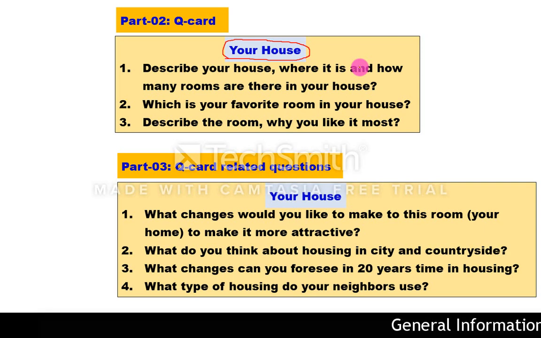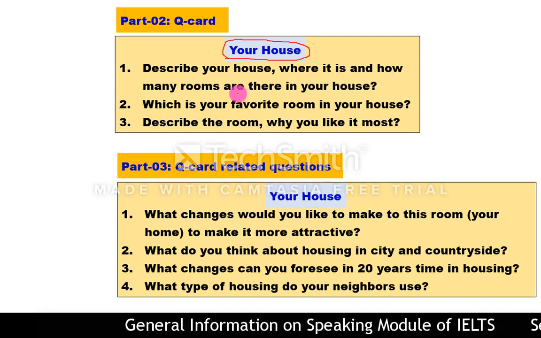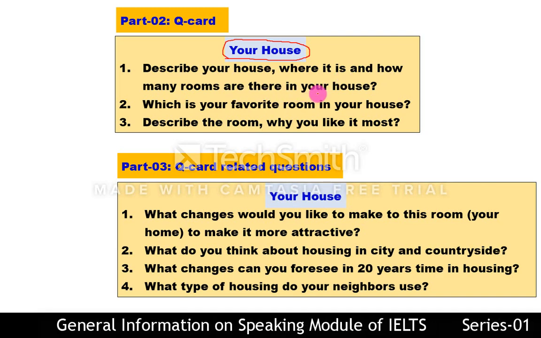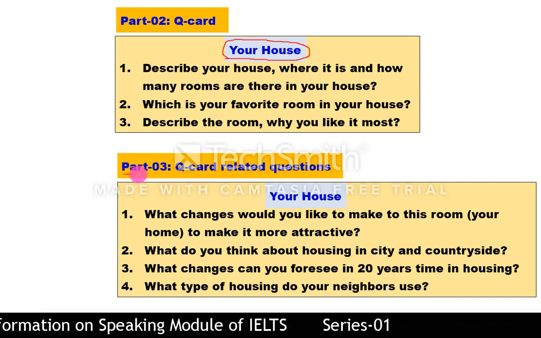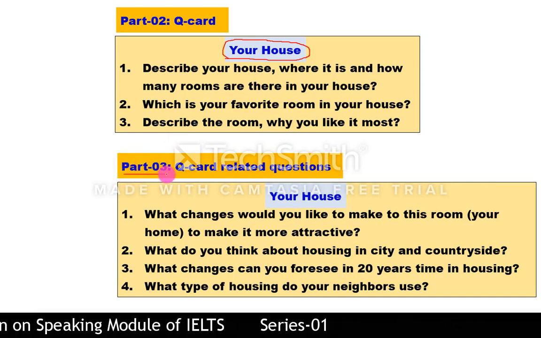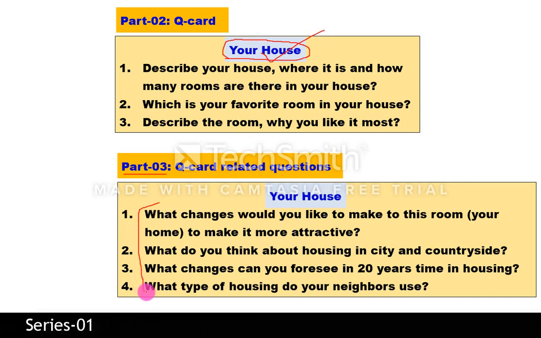A pencil and a piece of paper will be given to take notes. Here take a look at the questions: describe your house, where it is, and how many rooms are there in your house. These are the questions. And in speaking Part 3, you will have between 3 and 4 minutes. Here you will be asked questions related to your cue card. So these are the questions related to your cue card.